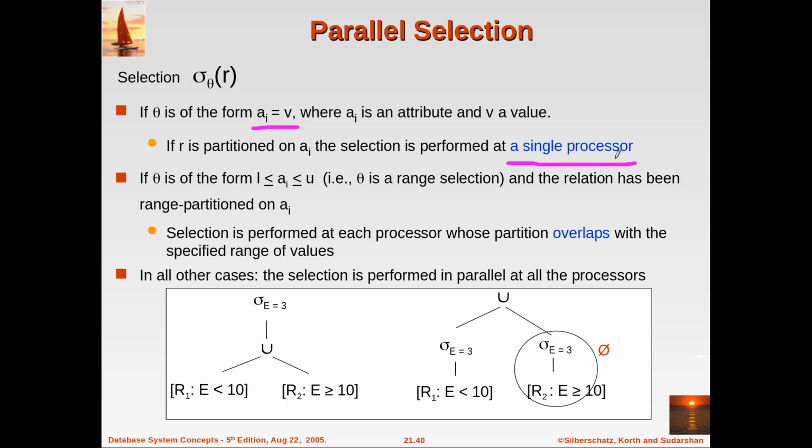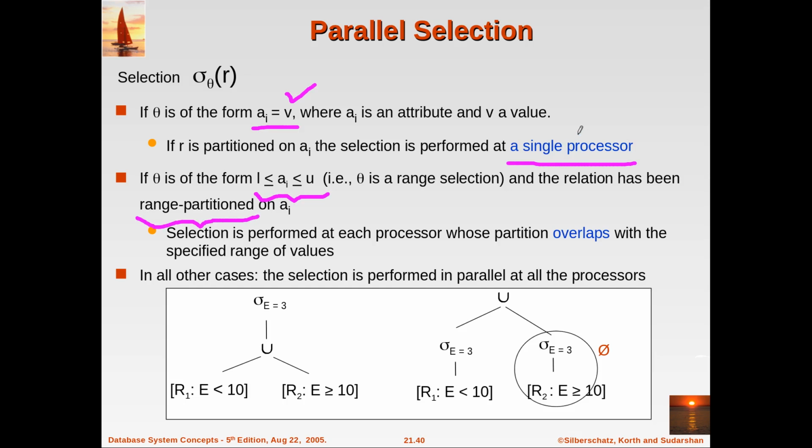We don't know which type of partition is being followed, but especially when we are using some range condition, or even with this equality condition, if the partition is done in a range partition format, we can easily refer to different processors.